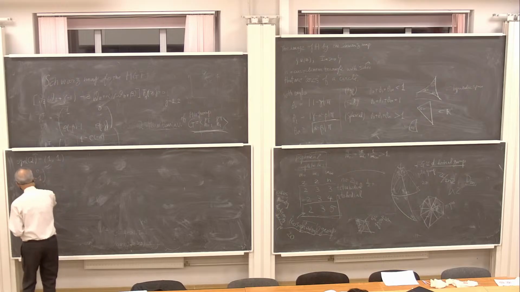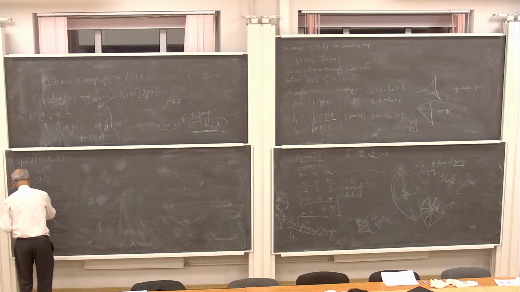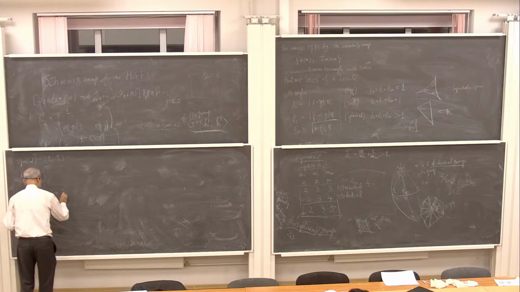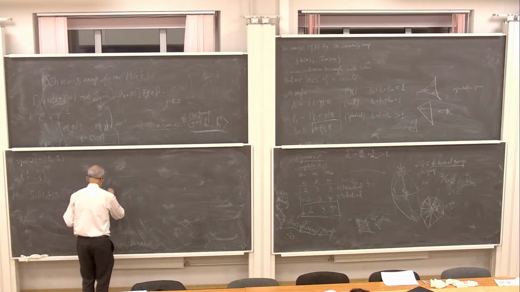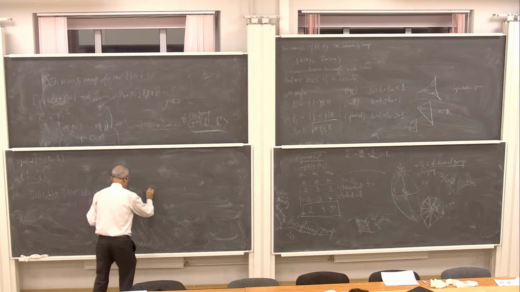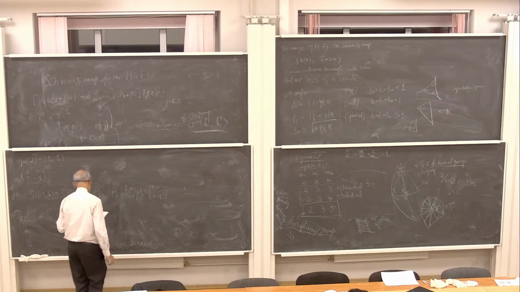So for the sake of simplicity, let us denote SU(1,1): it is the set of M such that the transpose of M times the matrix diag(1, -1) times M equals diag(1, -1).